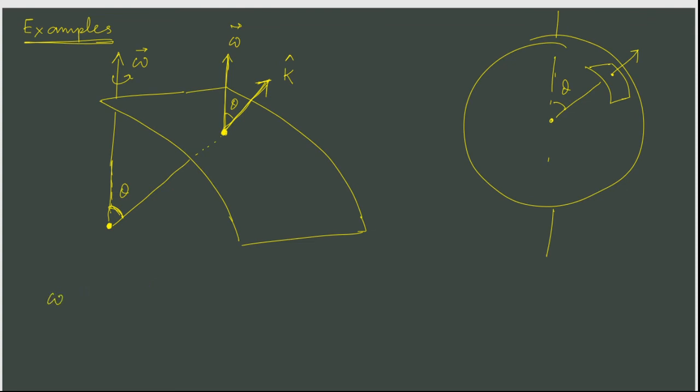So I can write omega as omega cosine theta k, plus. Now we would like to look at the other component.